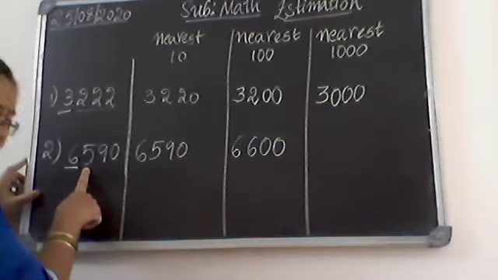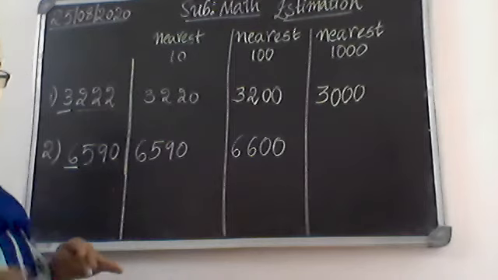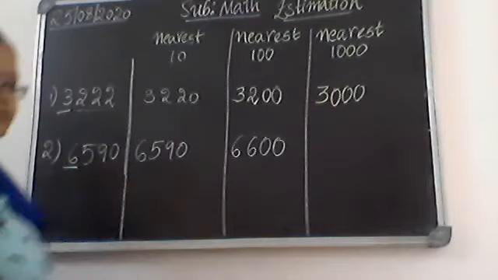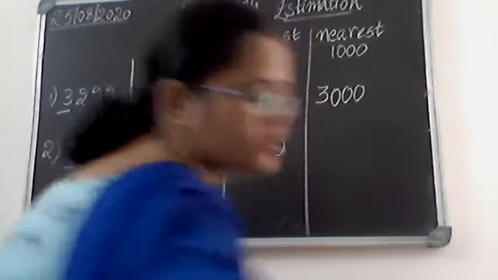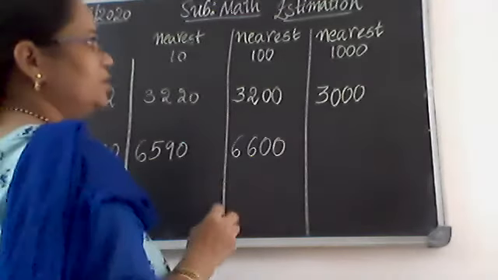Front of it is 5. Is 5 nearest to 0 or nearest to 10? It is nearest to 10. So what do we have to do, children? We will be adding 1 to it.